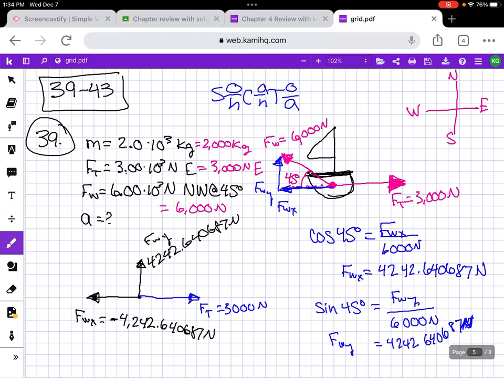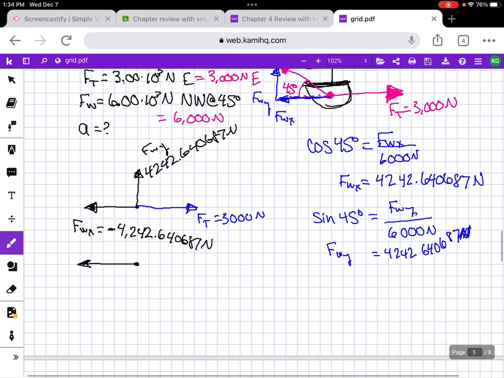Okay, so we're going to take 3,000 minus 4,242.640687. And so my net force in the x is going to be a negative 1,242.640687 newtons.